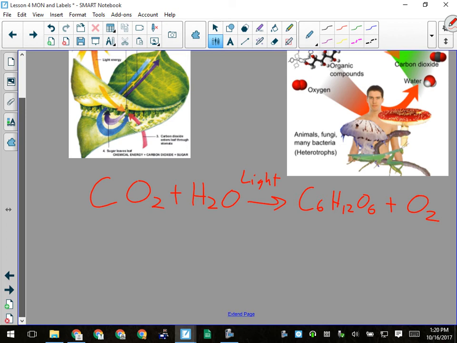Yeah, it looks like a combustion reaction, except it's backwards, right? Shouldn't the carbon and oxygen be on the reactant side? Except that no, this is the exact opposite of combustion. We're trying to make the stuff that would burn. That's what plants do. When you start a fire, it's usually plant material, like a campfire is made of tree. So this is the exact opposite. We're taking the raw materials from either cellular respiration or burning or whatever, and we're turning it back into oxygen and fuel.